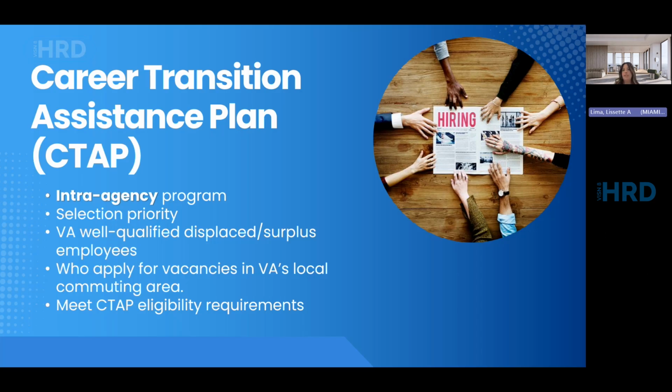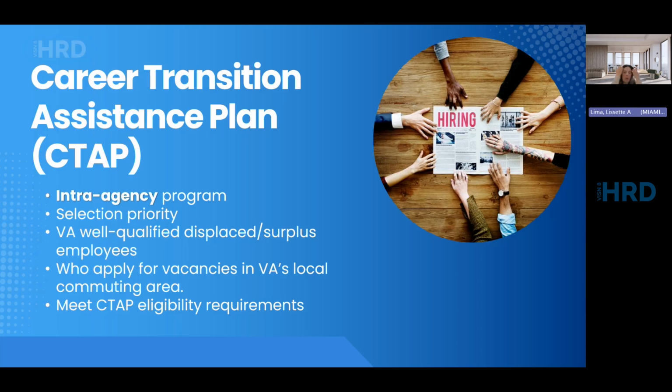So this provides a selection priority for any employee who wants to stay within their agency, and for us within VA, giving them the selection priority as long as they meet that criteria. And we're going to go over that criteria. It's important to know that VA CTAP special selection priority can be made, but it cannot be made where it would cause another VA employee to be separated by a RIF. So that is important to note.